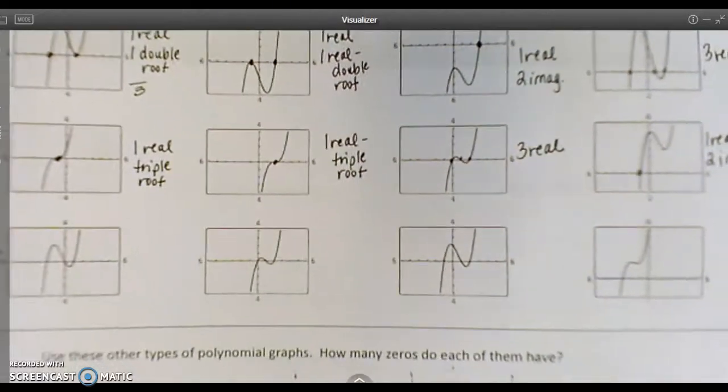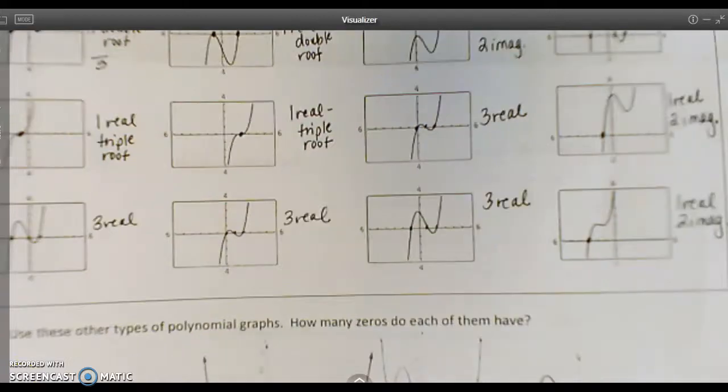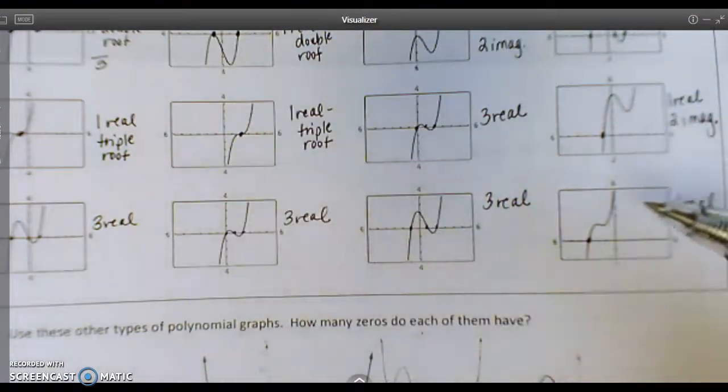Okay, look at these last 4 real quick. Go through and decide what kind of solutions that you see on those real quick. So as you're looking at these, you first have to figure out what kind of function you have. You have to figure out, do I have a squared, do I have a cubed, or do I have a fourth one? Because that tells me how many zeros to look for. And all of these, I told you it was cubic, and that meant the highest power was 3.